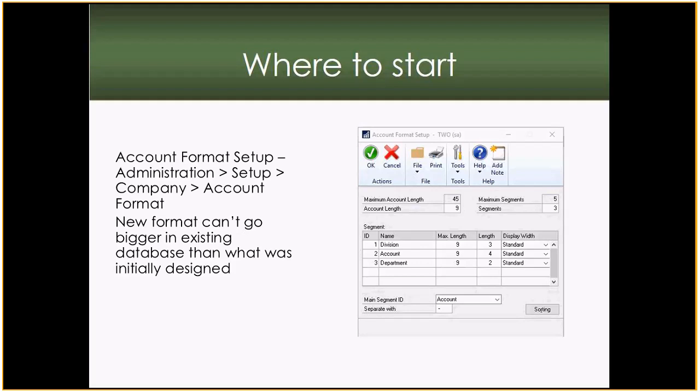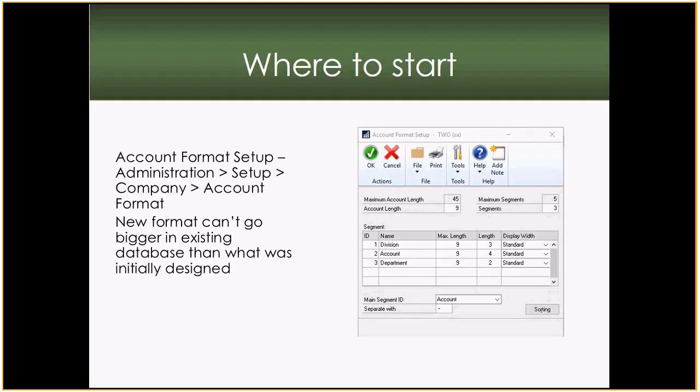Currently, my account length is 9, and it's made up of 3 segments. You see that breakdown below, where my 3 segments are division, account, and department. My max length for each one of those segments would be 9, and the length that I have those defined at right now is 3, 4, and 2.